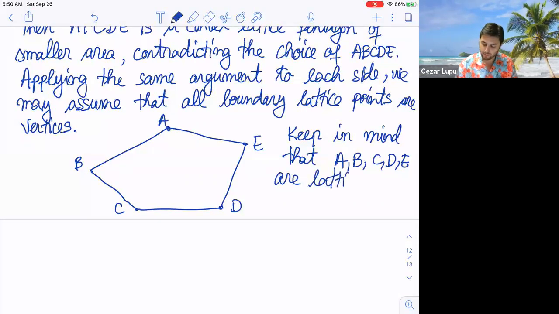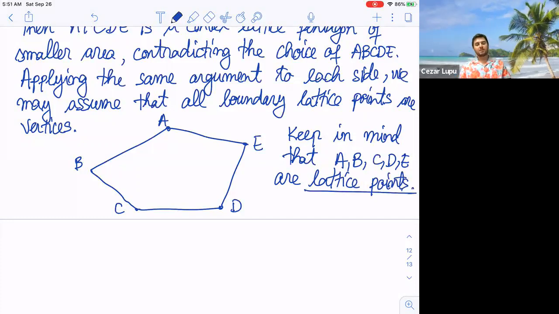This is very important. Well, guess what? We can use the first problem that we did today, the first problem discussed in this lecture, and we can separate these vertices into 4 classes according to the parity of their coordinates.